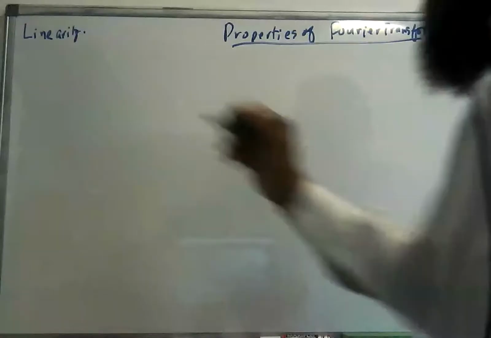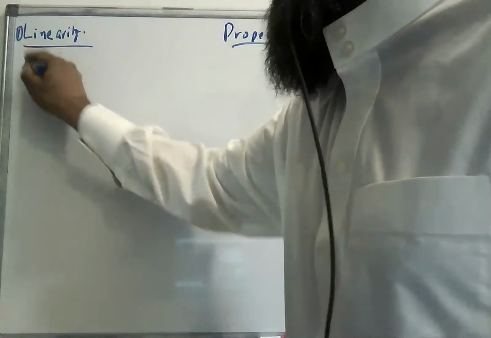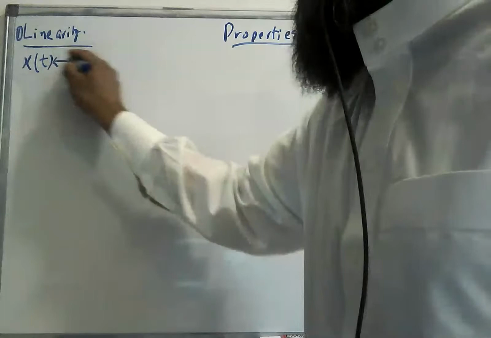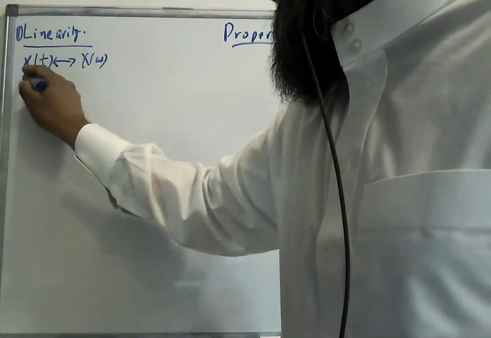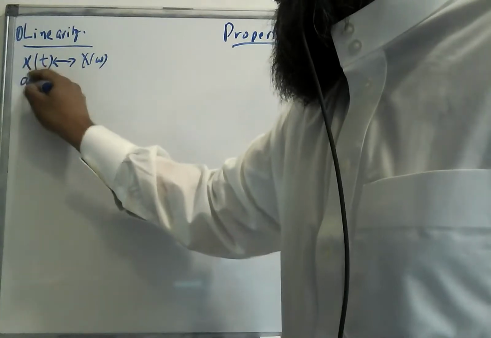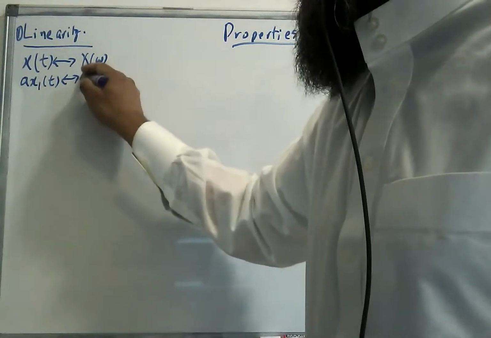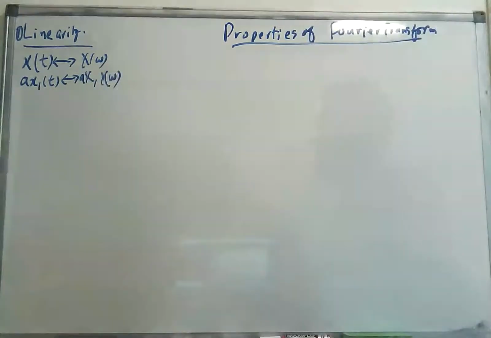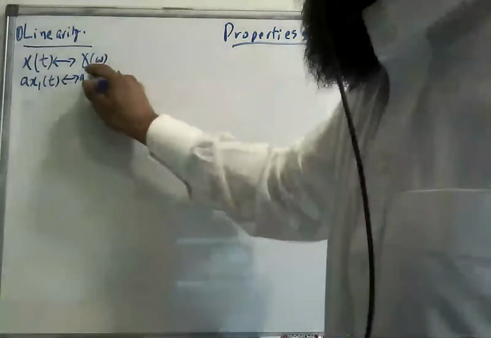So the linearity property is the first property, which says that if there is a function x1 of t and the Fourier transform is X1 of omega, then a x1 of t in the Fourier domain will be a X1 of omega.